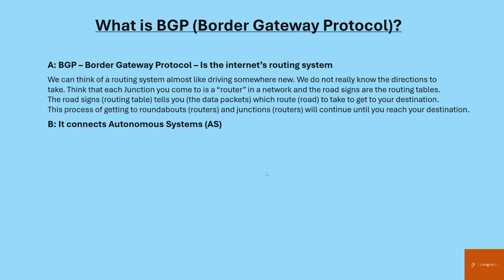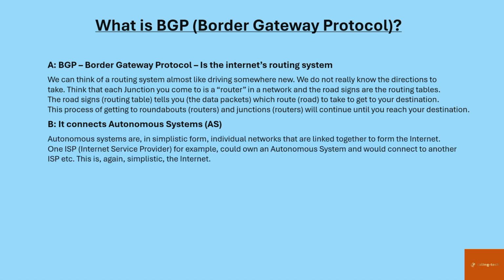It connects autonomous systems. What are autonomous systems? Autonomous systems are, in simplistic form, individual networks that are linked together to form the internet. So in other words, one ISP, for example, could own one autonomous system and would connect to another ISP that owns another autonomous system, that again would connect to another ISP, et cetera.